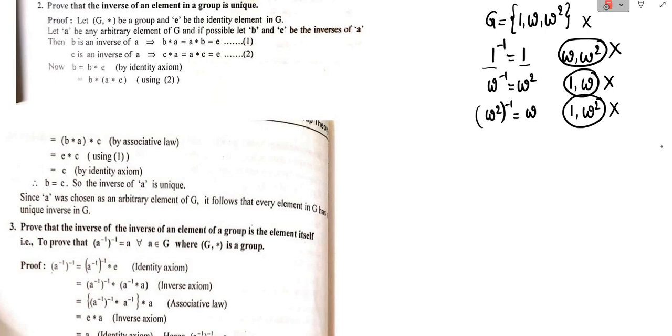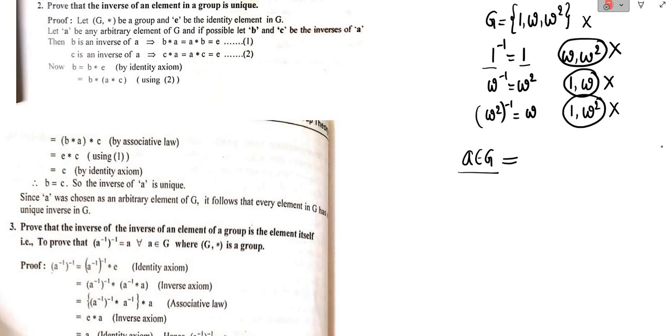By using the identity law, we take e as the identity element in G, and a as any arbitrary element of G. That means we are taking any element of G randomly. If we prove the theorem for an element a belonging to G, then it is applicable for every element of G. So a is any element of G.